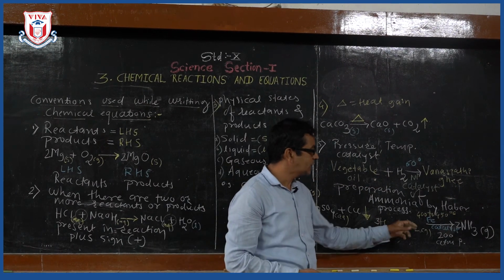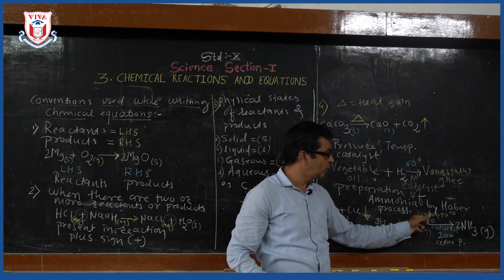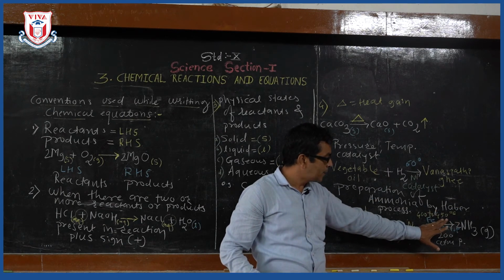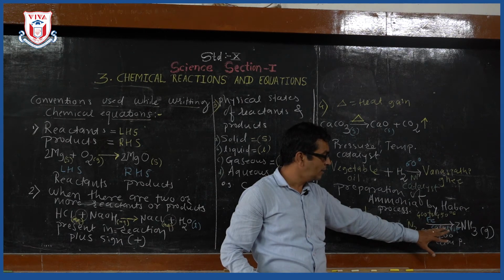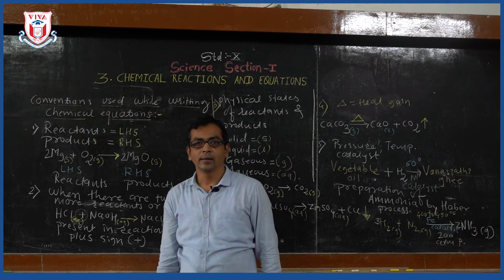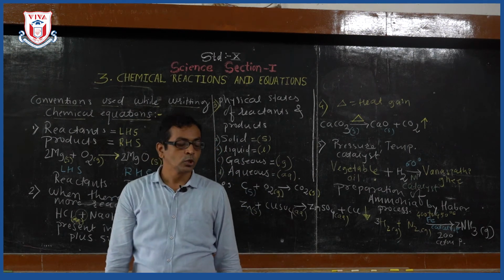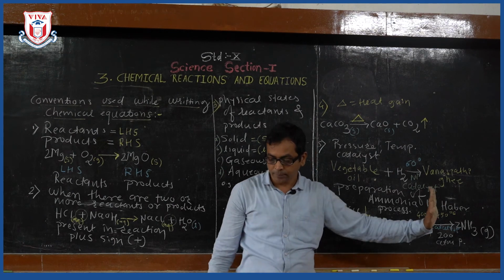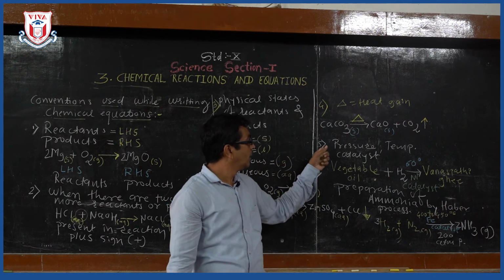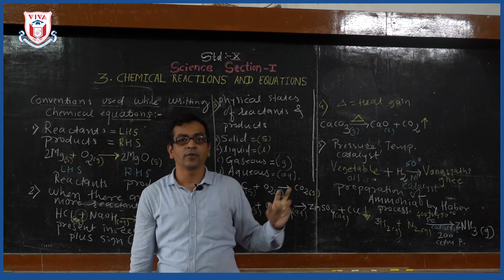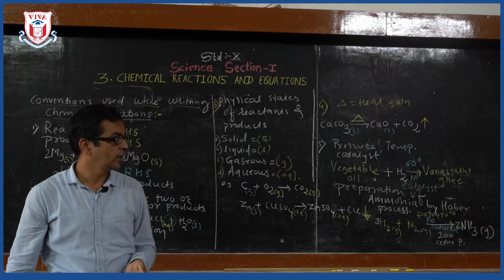So this reaction is carried out at 400 to 450 degrees Celsius in presence of iron as a catalyst, and pressure is around 200 atmospheric pressure. So that you have to write on the arrow. Okay. So that is my fifth convention.